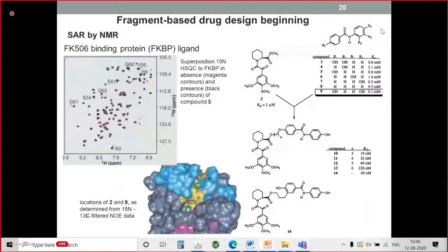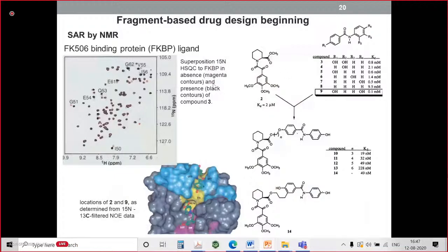So this is compound 3, initially identified as a benzenilamide having R1 hydroxy, R2 hydroxy, and R3, R4, R5 as hydrogen, with 0.8 micromolar activity.